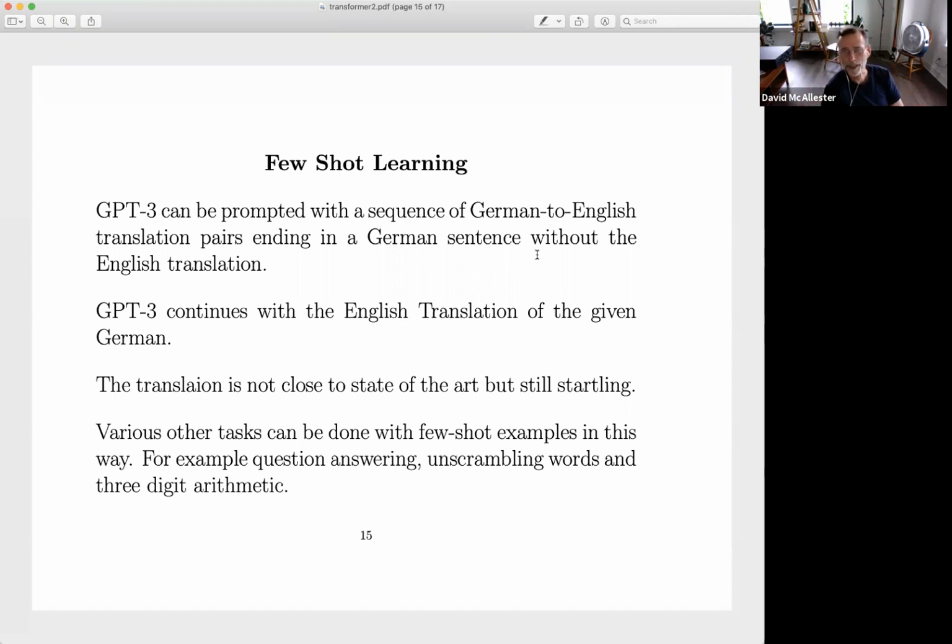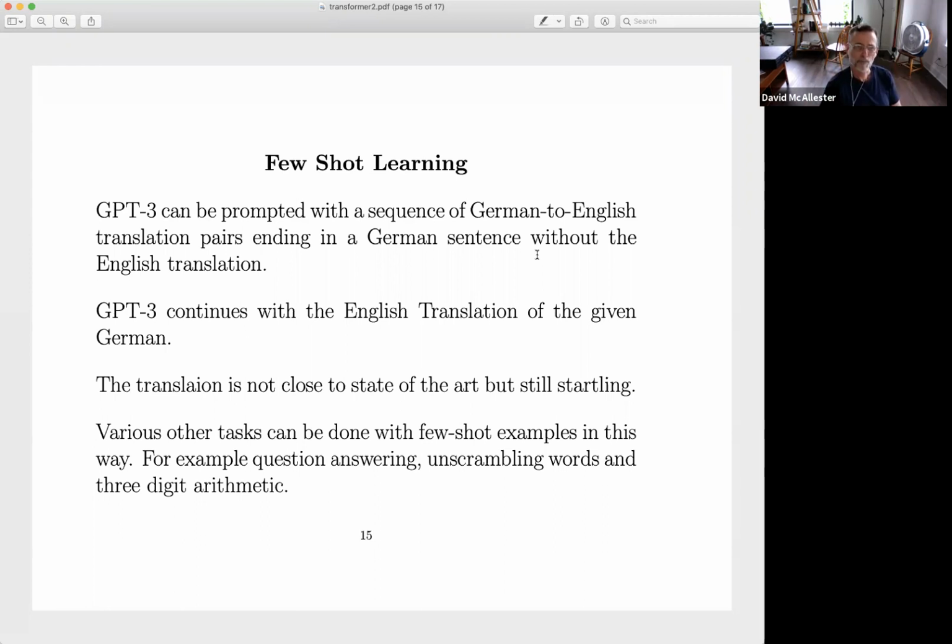You're giving it just the German and asking it to continue, and it translates the German that you give it at the end. It's not competitive with any kind of machine translation, but it's kind of suggestive. It's kind of creepy. It's suggestive that it's learned to learn patterns and follow them from only a few examples.